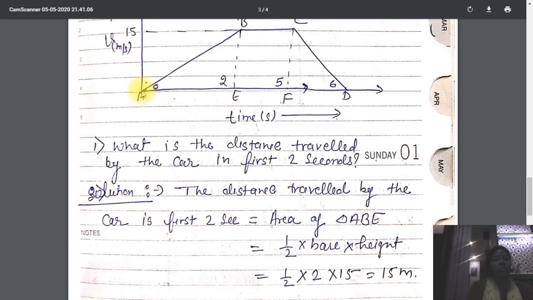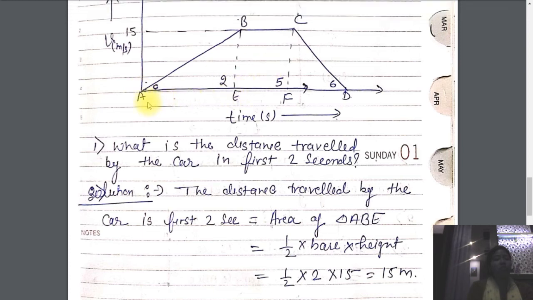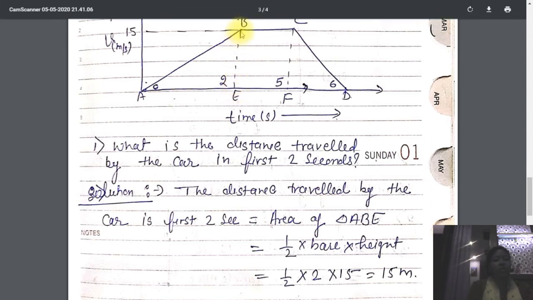The base is from A to E, and the value of AE is 2 seconds, or the value 2, into. Now what is the value of BE? The value of BE will be from this point to this point, 15 to 0.